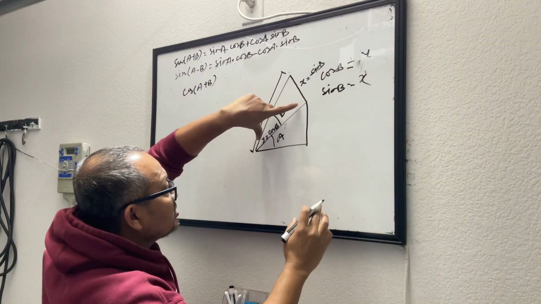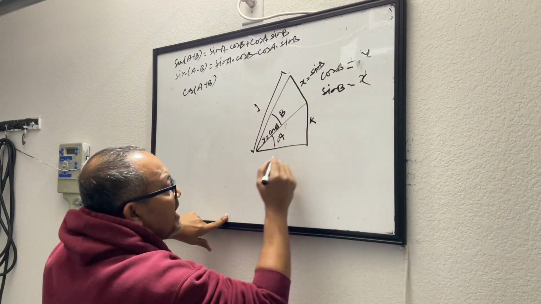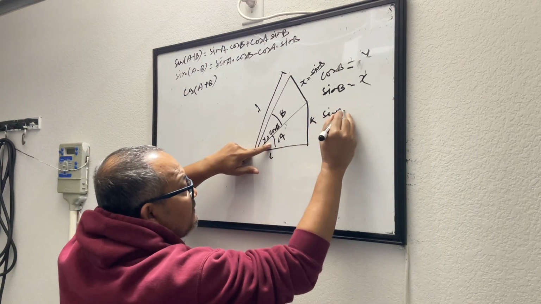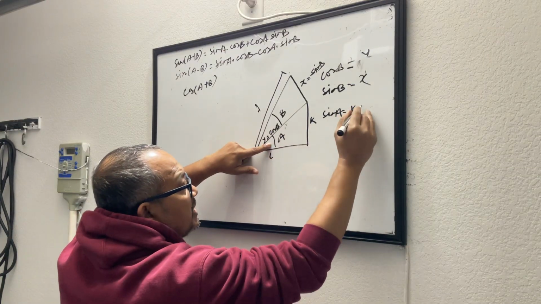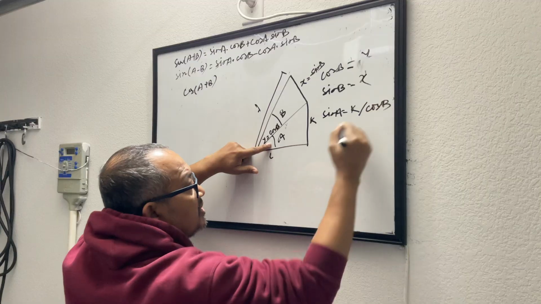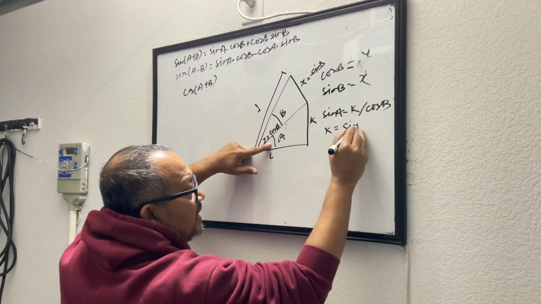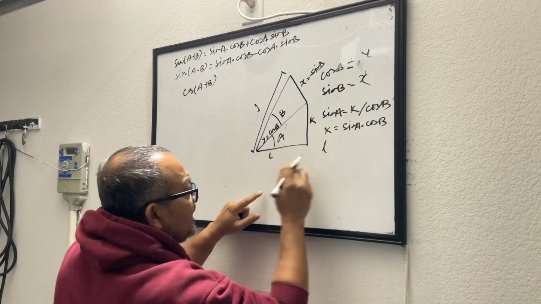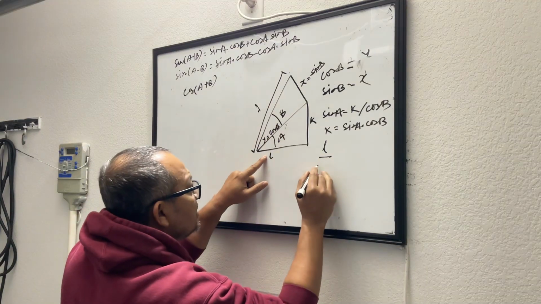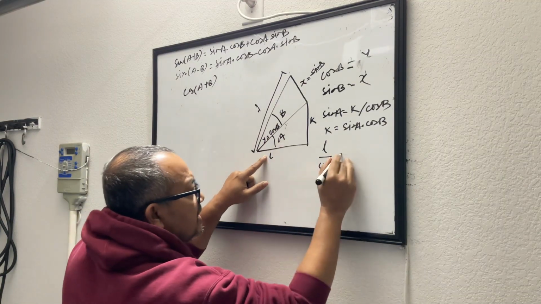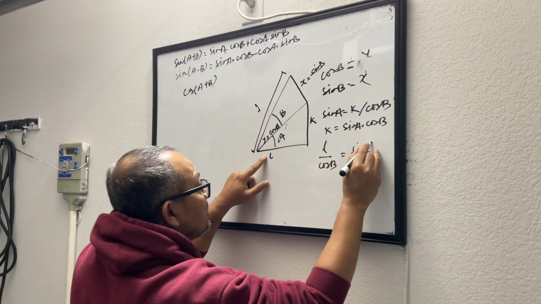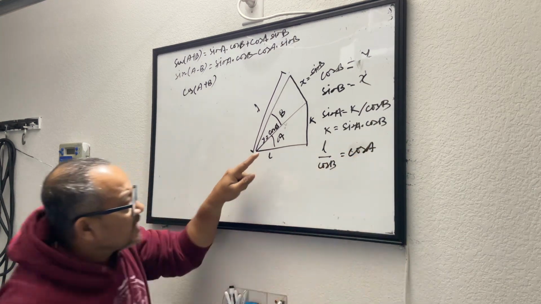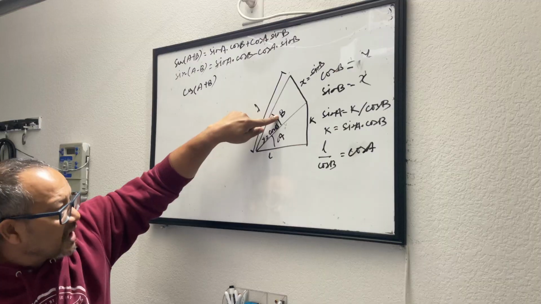Here this length is cos of B. Let's say this is K and this is L. So sine of A would be equal to K over cos of B. That means K equals sine of A cos B. And then L over cos of B is equal to cos of A. We are trying to find out sine of A equal to this length by this length, hypotenuse.